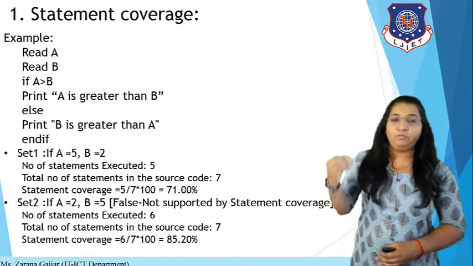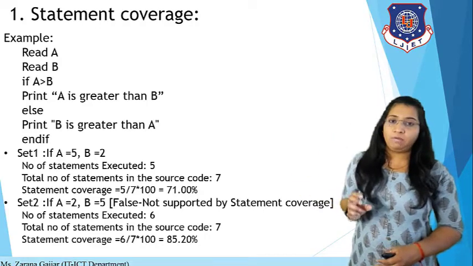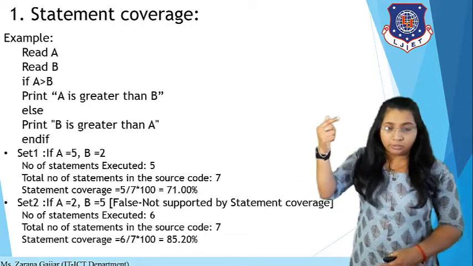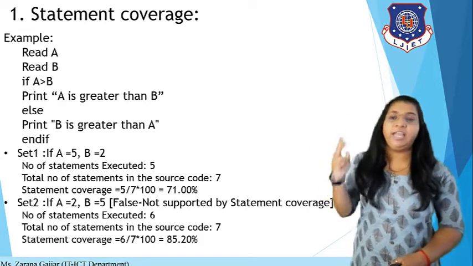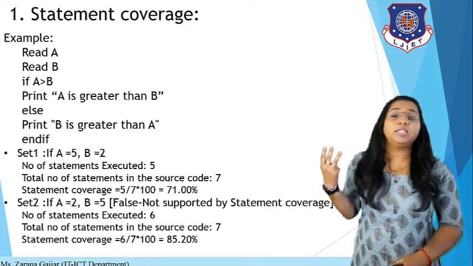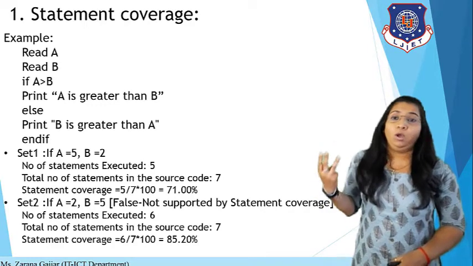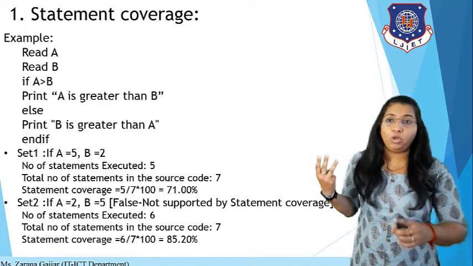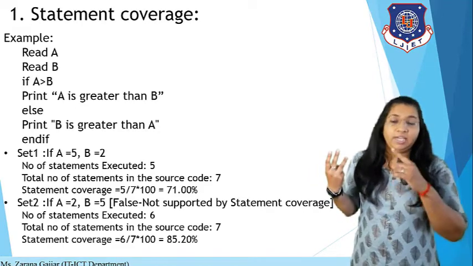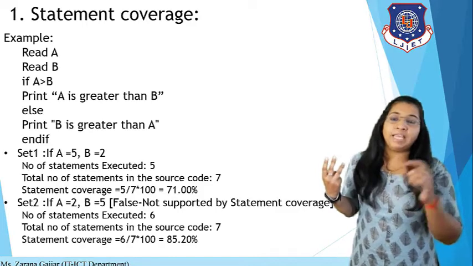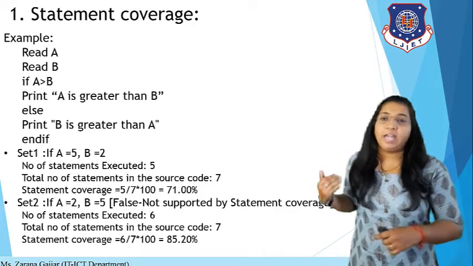Here A equal to 2 and B equal to 5 means first is read A, second is read B, then third is the if condition. Now there is a false condition, so it will automatically redirect to the else part, in which it will print B is greater than A, and last is end if.